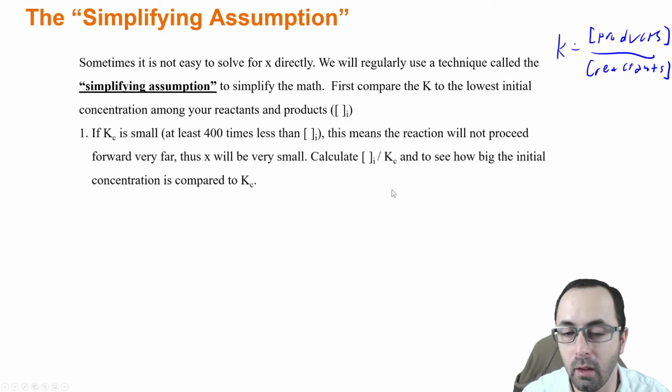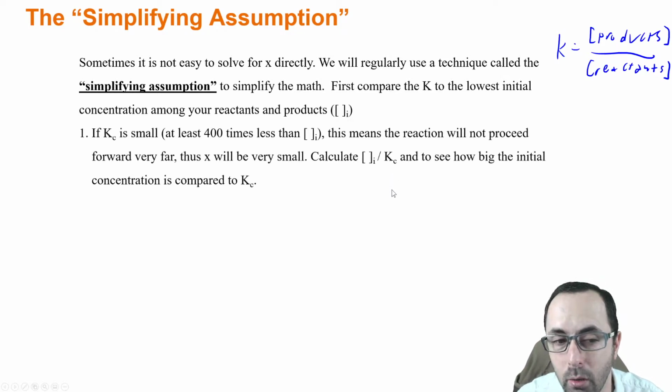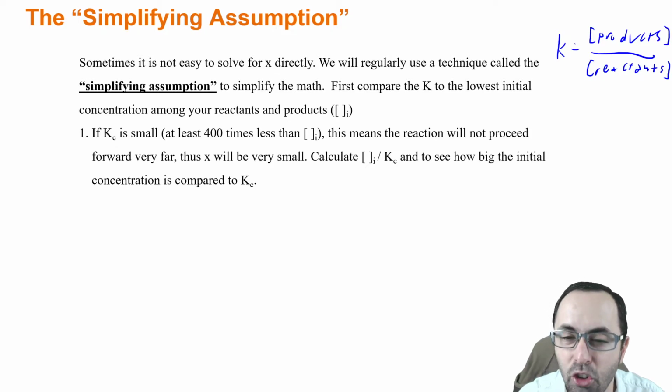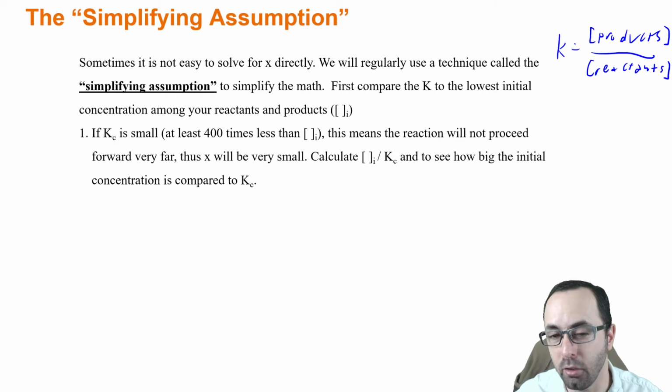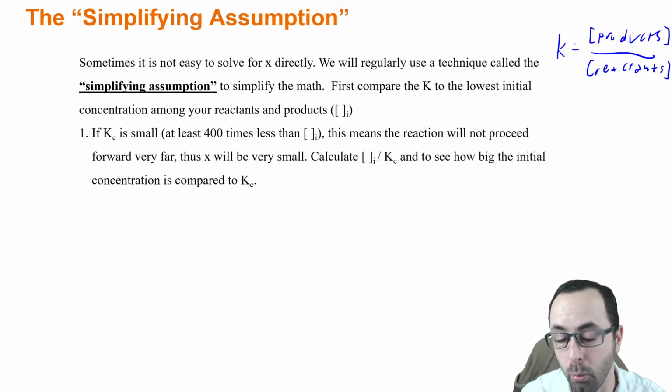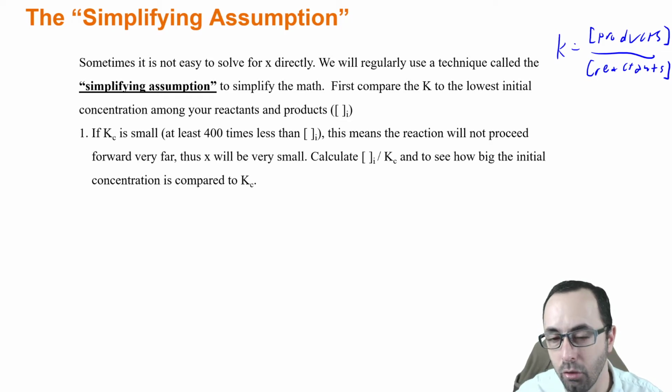So the technique that we're going to use has both a pre-check here for our simplifying assumption and a post-check to make sure that it was valid. So what we want to do is first check that K is small, so that we can assume X will be small. So we're going to want a K that's at least 400 times smaller than our initial concentration of reactants.